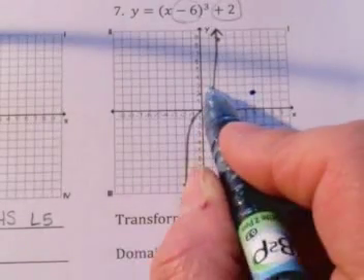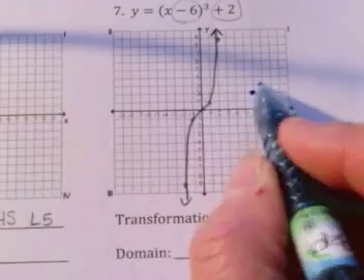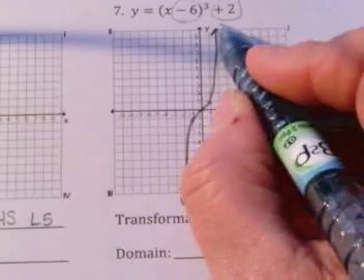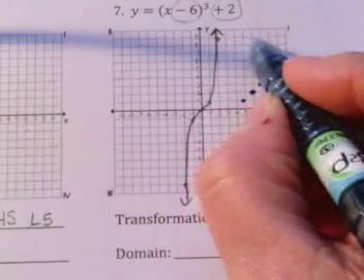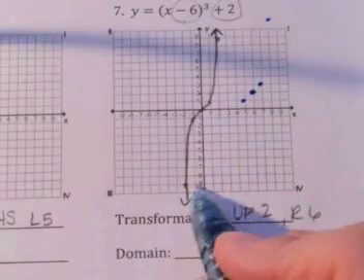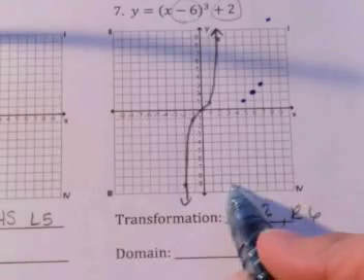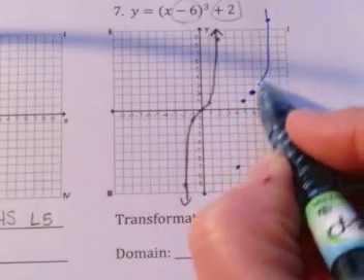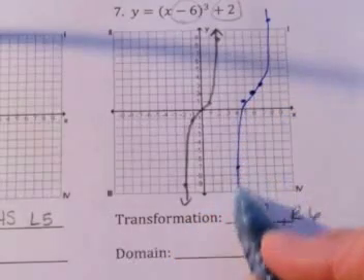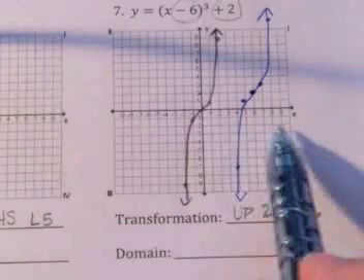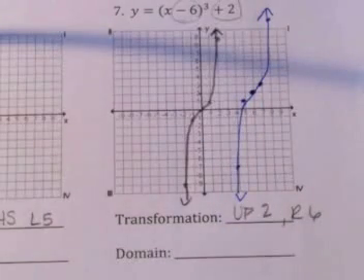And I'll go up 2 and right 6, up 2 and right 6, up 2, and I kind of end up off my graph. And there I go. I have my graph shifted to the right 6 and up 2.